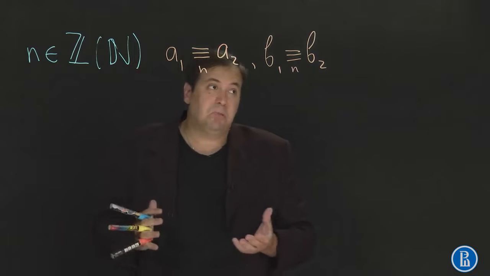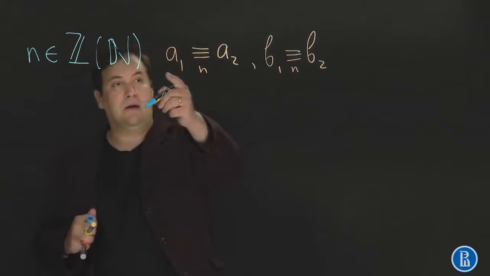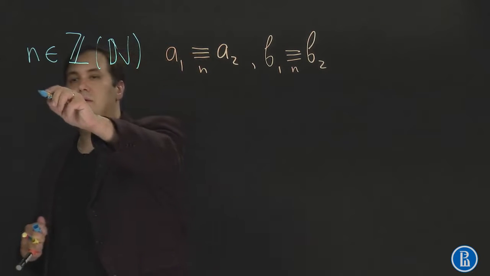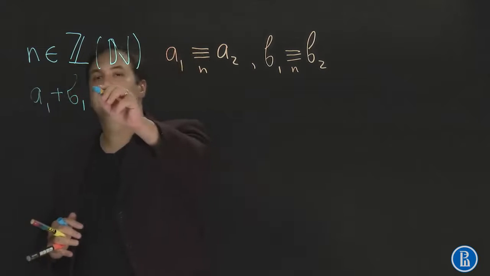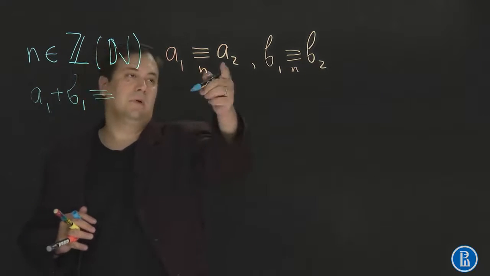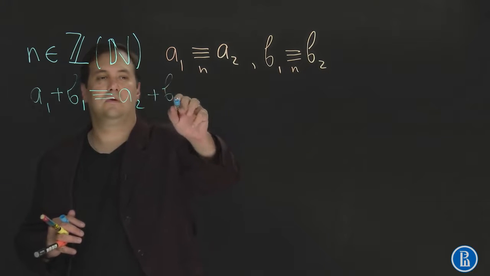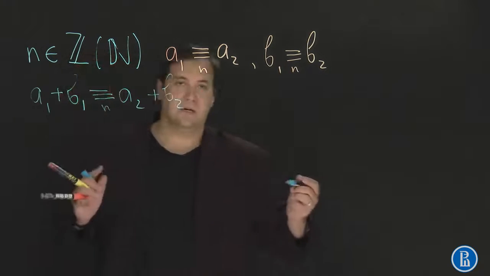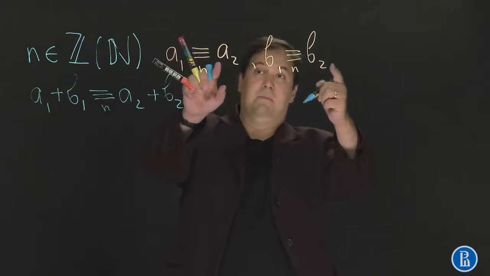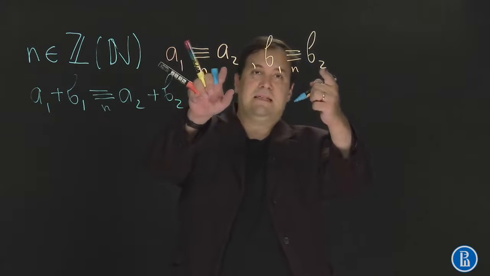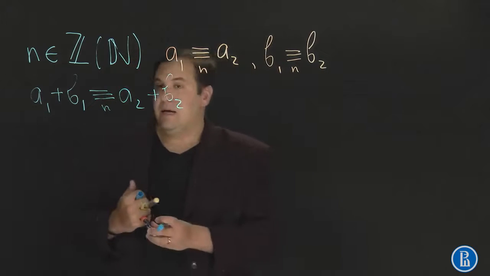And it is quite natural to expect that a1 plus b1 be congruent to a2 plus b2 modulo n. So we just add the left-hand sides to each other and add the right-hand sides to each other, and once again gain congruent integers.